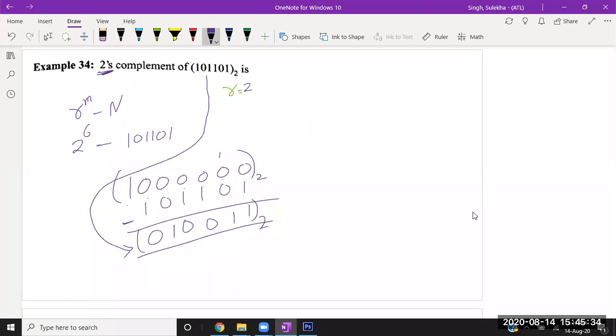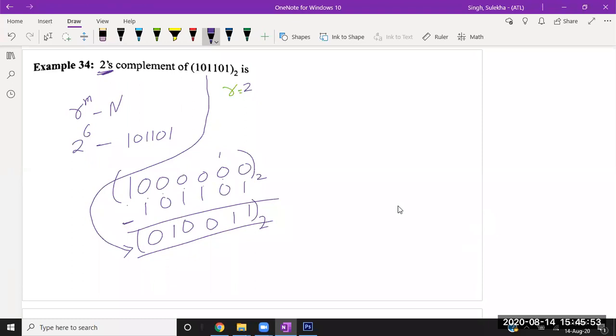Okay, one question is there. What is the use of complement? First understand what a complement is, then we will see the application of complement in the next section. Because if I tell you all the applications or uses of complement verbally, you won't be able to understand.